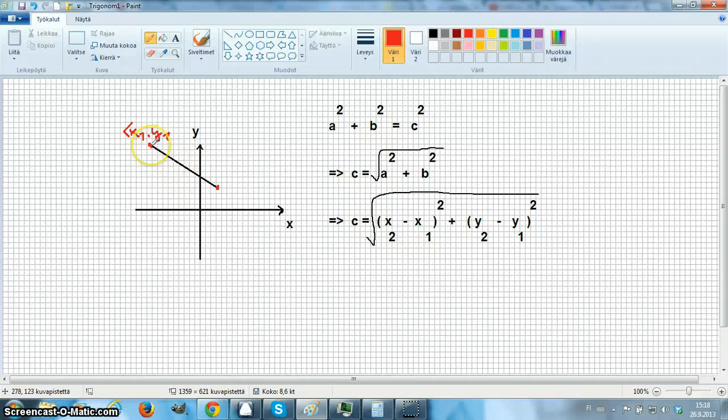And then we draw another point, which is x2, y2. So let's make this, oh, not a good one, let's make a good one.